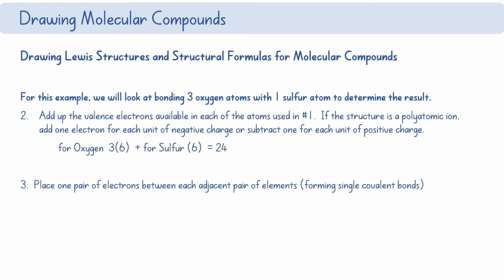Now, place each pair of electrons between each adjacent pair of elements, forming single covalent bonds. So we have oxygen with 1 pair shared with sulfur, another pair from oxygen to sulfur, and another pair from oxygen to sulfur.